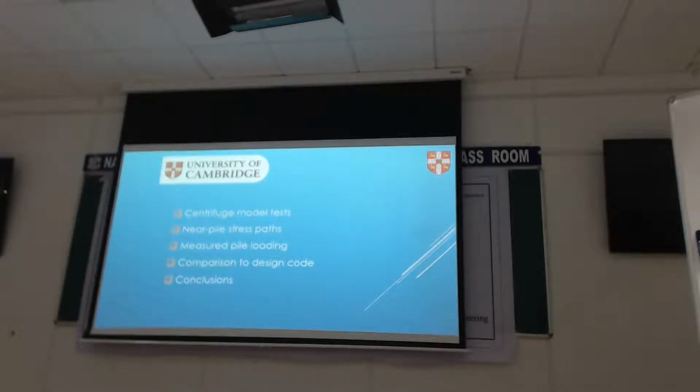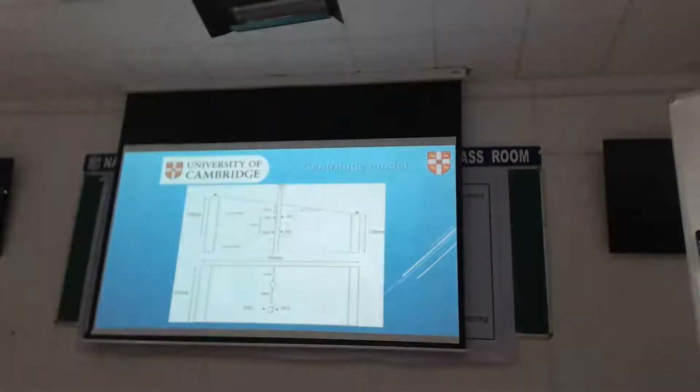They came out with guidelines on how to work out soil pressures due to liquefaction. What do you do with the non-liquefiable crust? What do you do with the liquefied soil flowing around your pile? So we wanted to see how good those recommendations were. So we started simple, as I said.